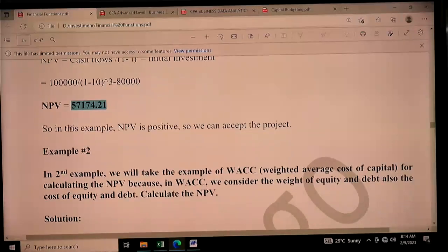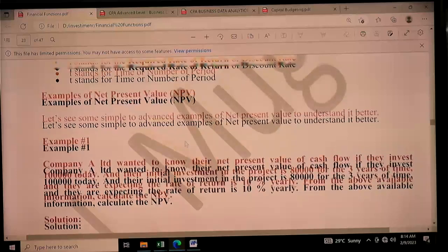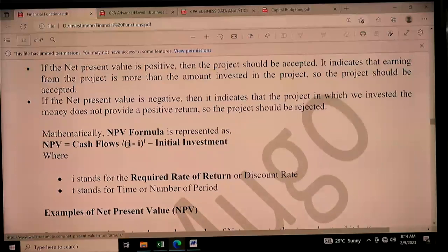The NPV was positive, so we accepted the project. How is the formula? We said that the formula is right here.